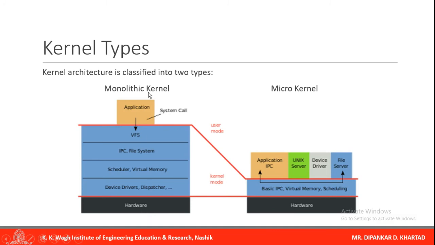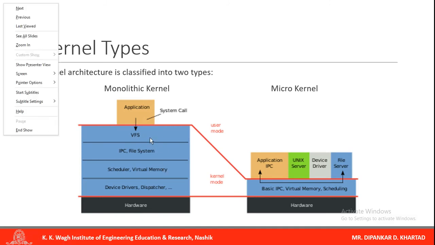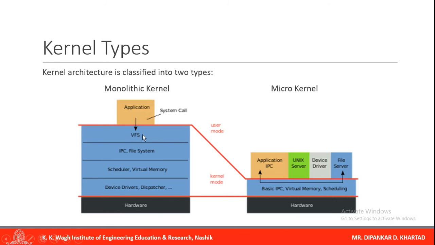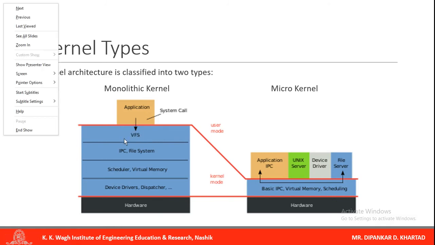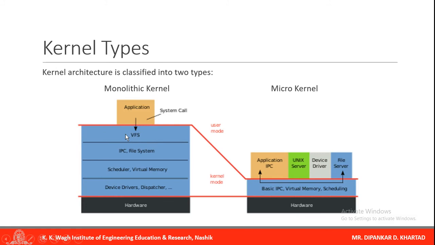So in monolithic kernel, this part is user mode, this one is kernel mode, and this is hardware, and this is microkernel. So monolithic kernel has various stages compared to microkernel.